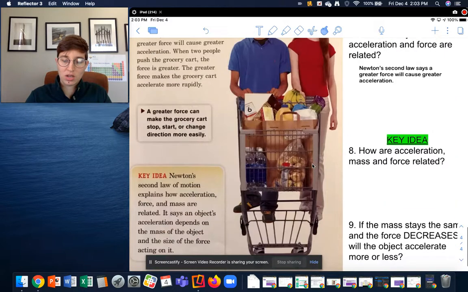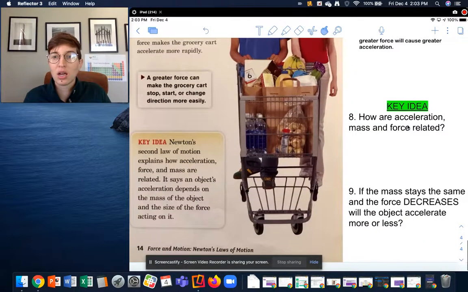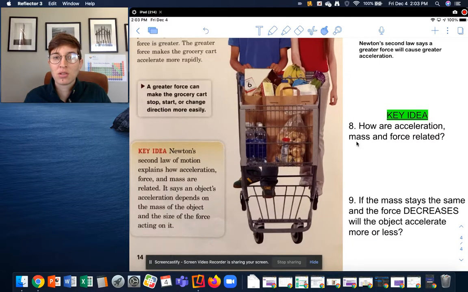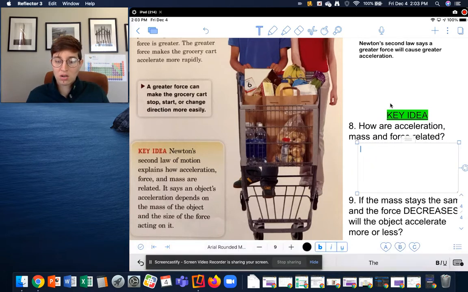All right, and 8 is about the key idea. How are acceleration, mass, and force related? Okay, so this is in our key idea box, right?